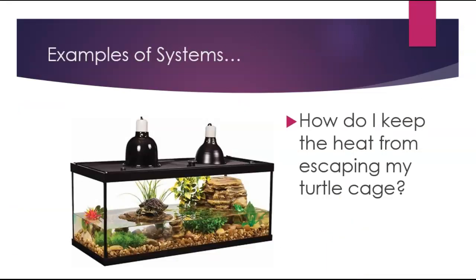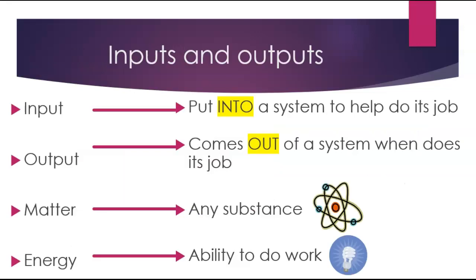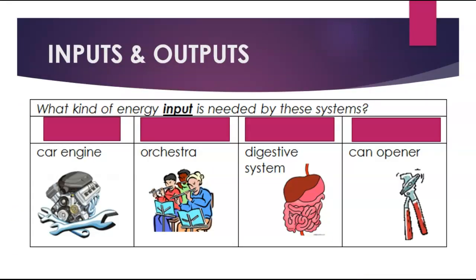All right, so in our little aquarium example, the output might be how much heat is staying in the aquarium. That would be the input. The output would be how much is escaping. And maybe we want the temperature just right on the inside. So we need to look at inputs and outputs of different systems to see if we can keep the system nice and normal, whatever that normal is that we're trying to achieve in science.